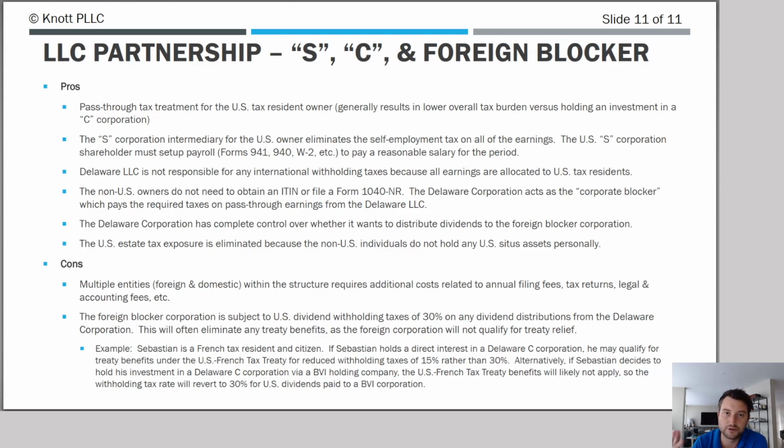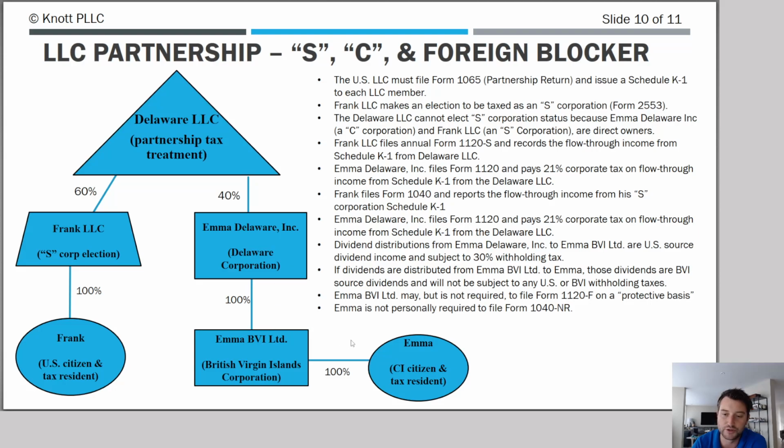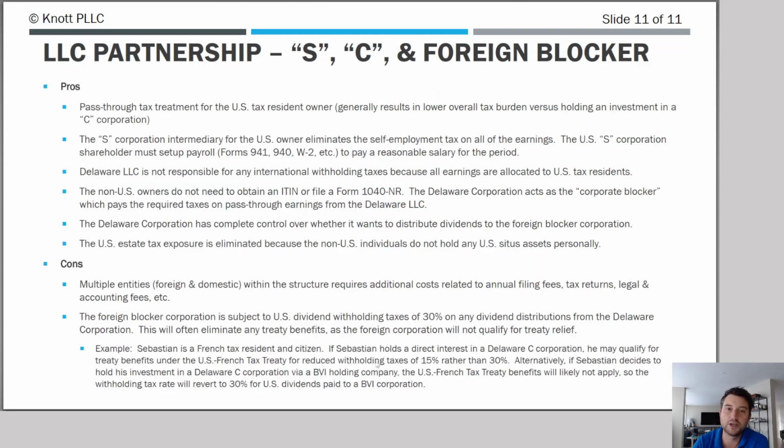However, if Sebastian wants to avoid that estate tax issue and uses a BVI company as that intermediary, like we see similar in this structure here, he's going to lose the U.S.-French tax treaty benefits unless he can argue that that BVI holding company is a French resident, right? And so instead of getting the preferential 15% rate, it reverts back to the 30%.